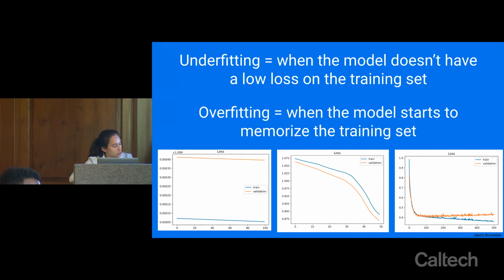Because the training loss keeps going down, our model is basically memorizing the training set, and so it starts to perform worse on the held out validation set. Around then is the point where you want to pull the plug on training, because you've learned everything you can, at least with this architecture and this loss function.